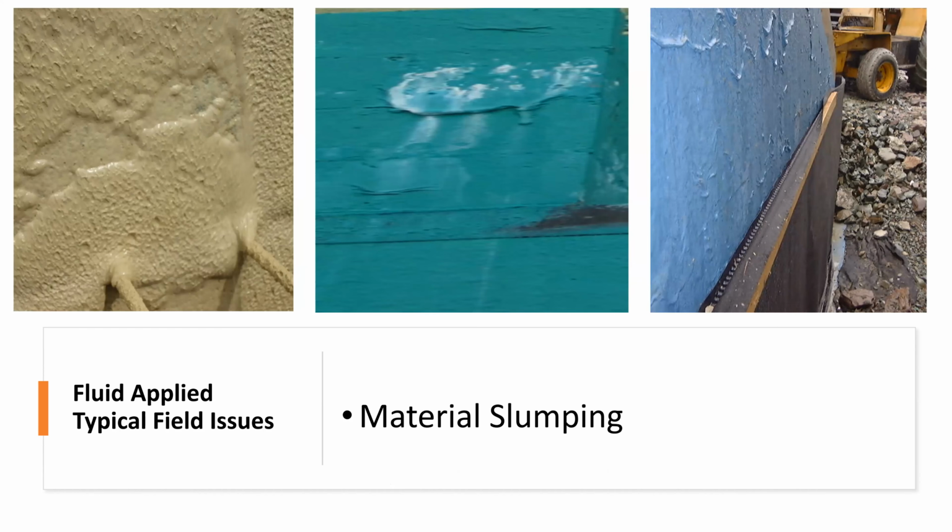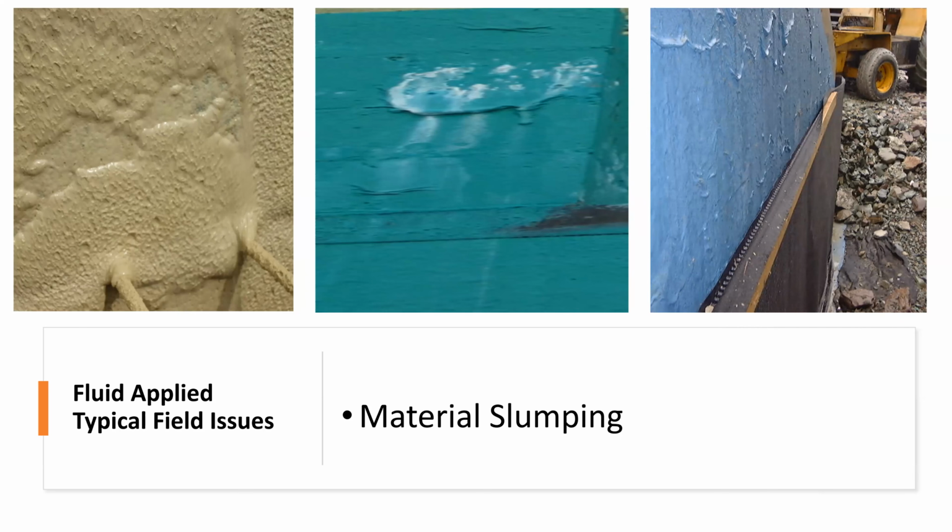Now, material slumping will sometimes take place where the installer has installed it just too thick. Some of these membranes say it's going to be, let's say, 80 mils wet, and they will say, do 40, let it cure, and then do another 40. If you try to just blast 80 mils on and not follow the manufacturer's instructions, you can get that slumping.